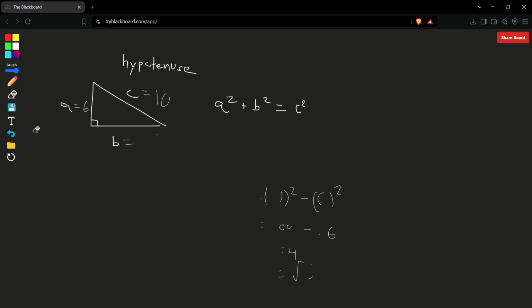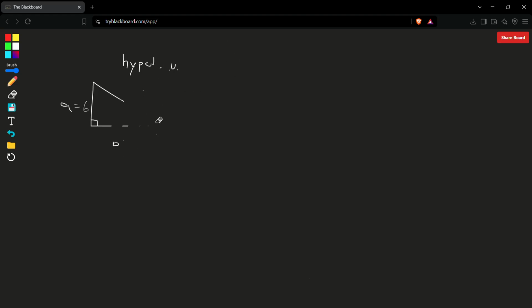Now let's try triangles that are not in quadrant 1. Let's say quadrant 3. In quadrant 3, the x values and the y values are both negative because they are located on the opposite side. So let's try this one.